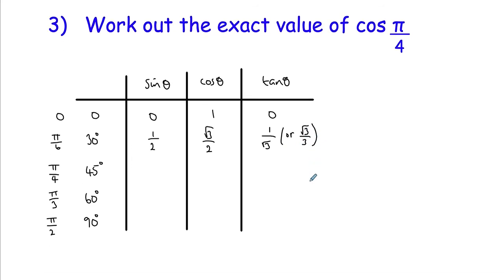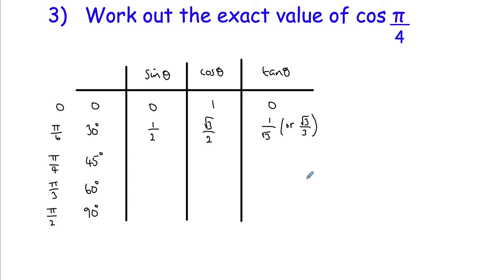For the next row, we've got 45. Sine of 45 is 1 over root 2. Again, your calculator would give that as root 2 over 2. That's the same for cos of 45, so cos of pi over 4, 1 over root 2, or root 2 over 2.